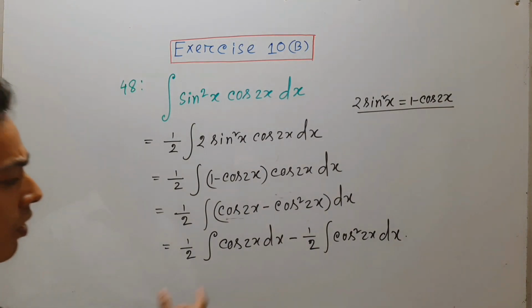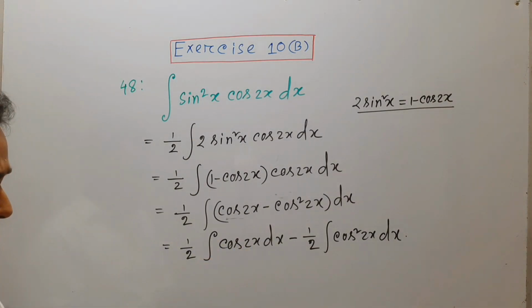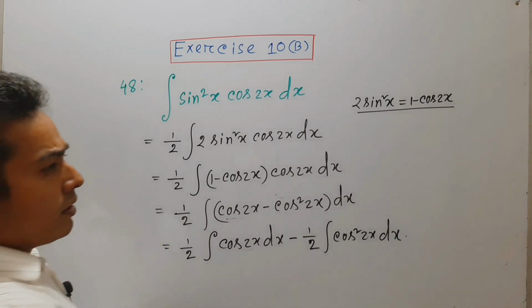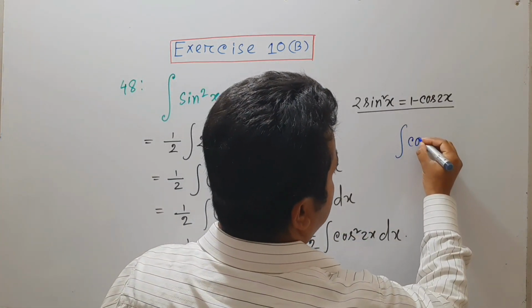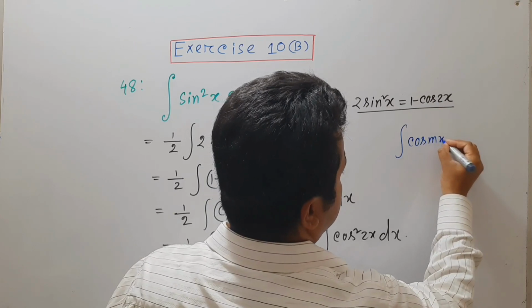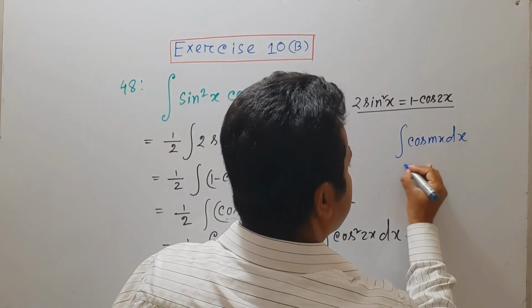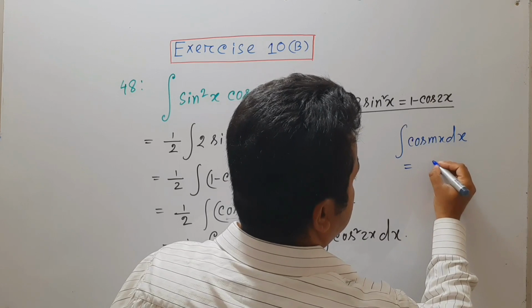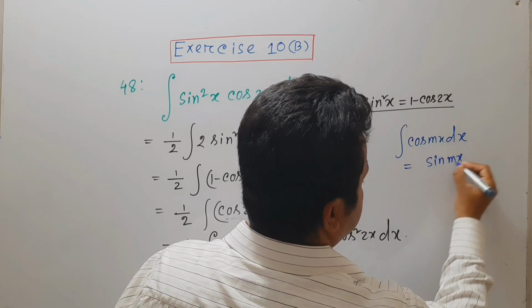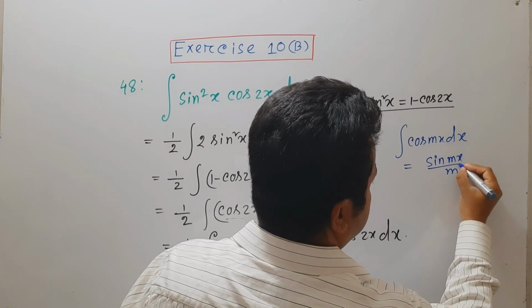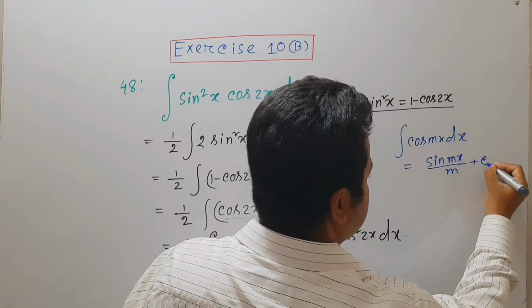And integration of cos 2x, we know that integration of cos mx dx is equal to sin mx divided by m plus c.